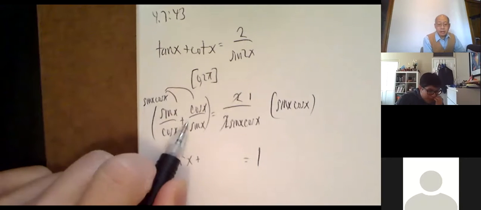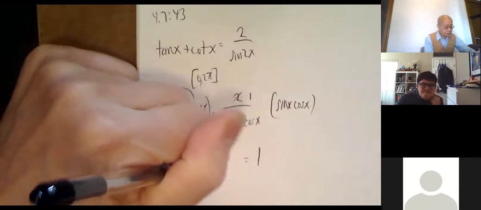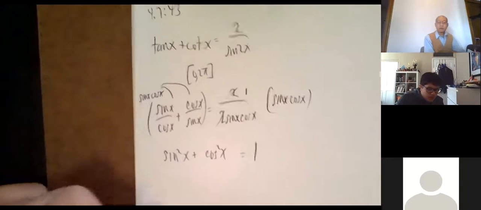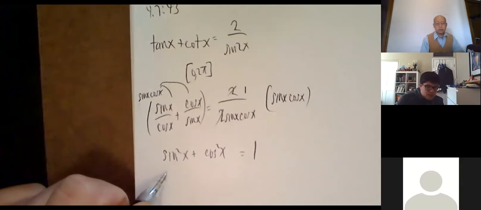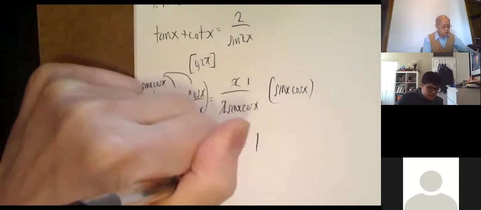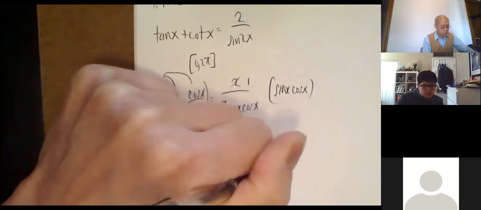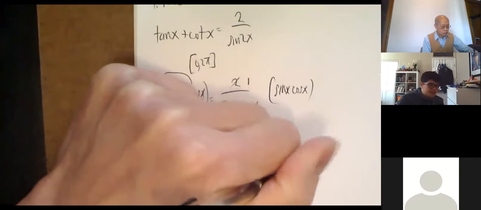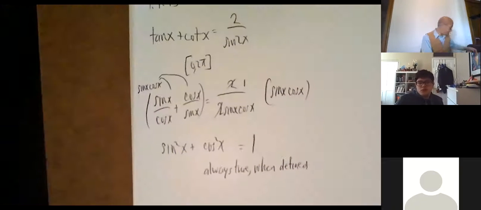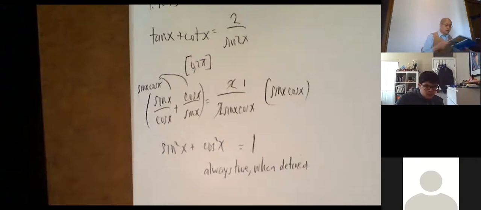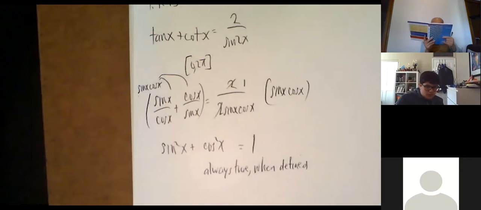If I multiply this by this, sine cancels out, I have cosine squared x. Well, this turns out to be always true, so this happens to be an identity. It's always true whenever it's defined.